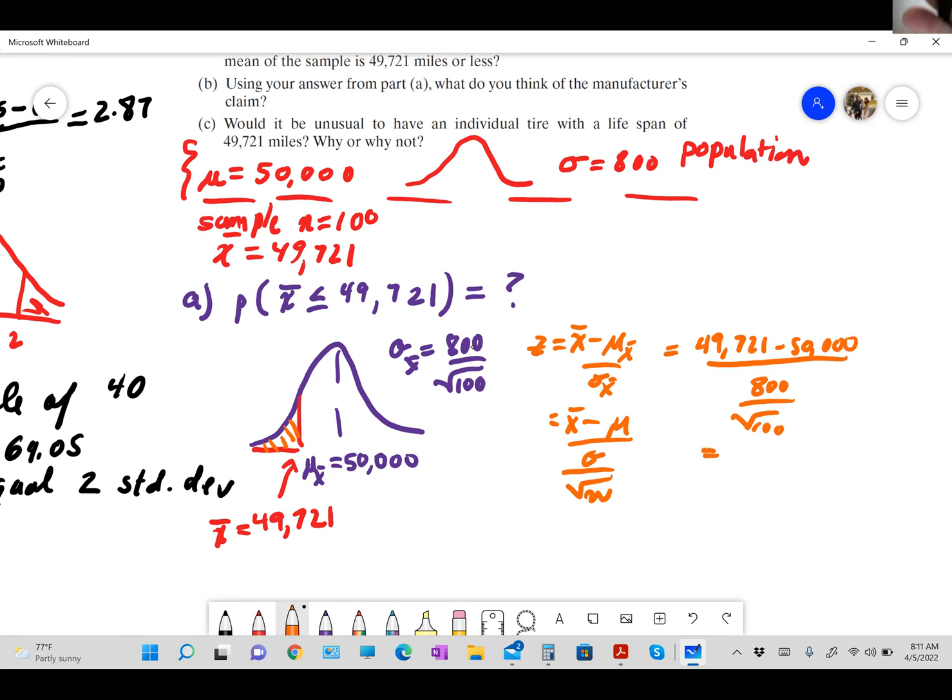So we're going to go ahead and carry that out. 49,721 minus 50,000, and then we divide that by parentheses 800 divided by the square root of 100, which is 10, but whatever. And we get that this particular z-score is approximately 3.49.